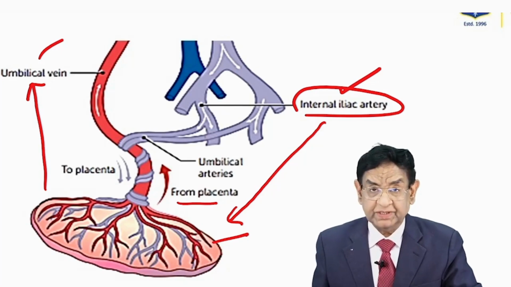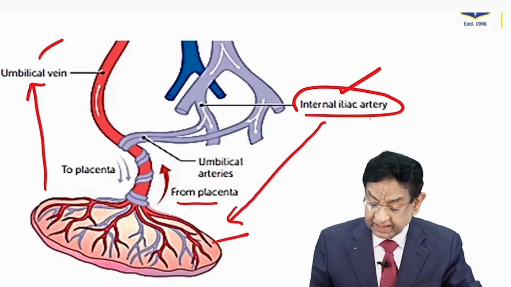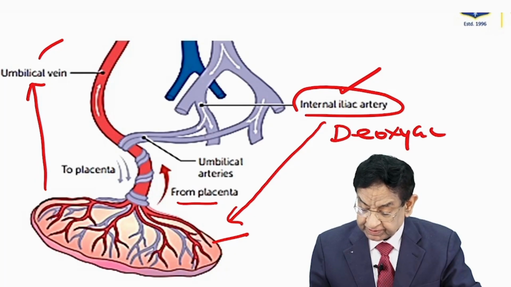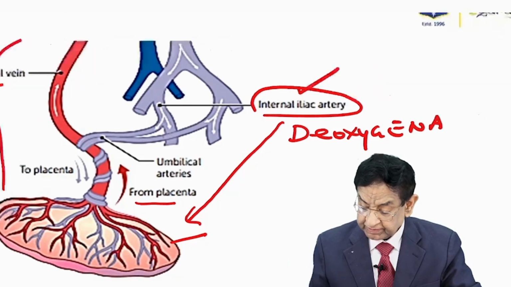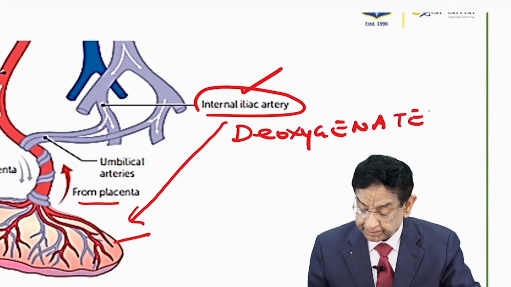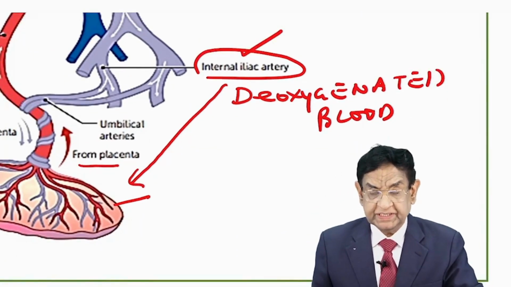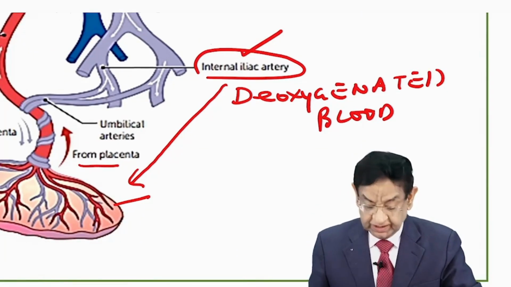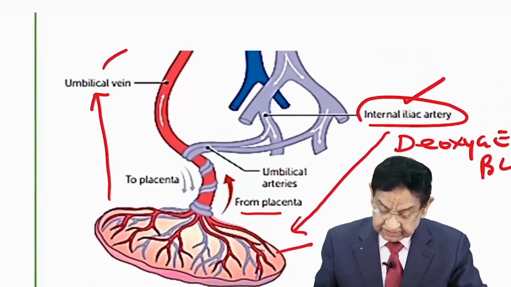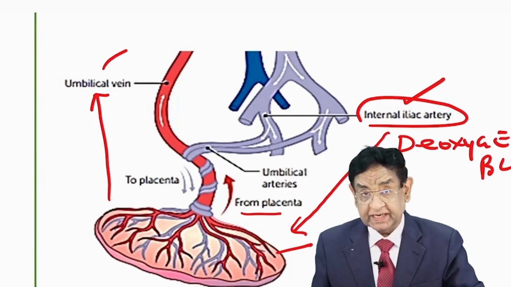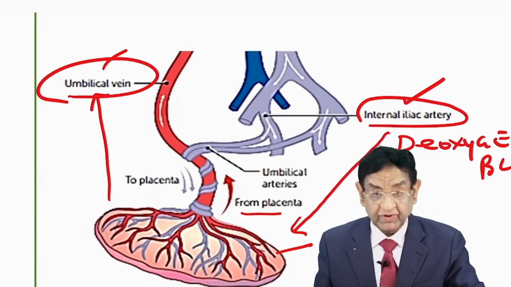Point to be noted: the internal iliac artery is bringing deoxygenated blood to the placenta where the oxygenation will happen. And this oxygenated blood goes from the placenta via the umbilical vein.